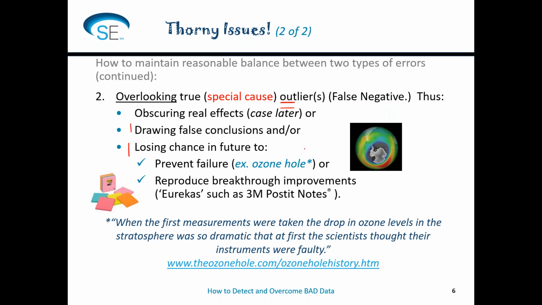And one example is the ozone hole that they thought they were seeing, and they were missing out because the instruments were not following it properly. And another example of something that is an outlier, but it turned out to be a great discovery, was the 3M Post-it notes. So there's lots of things that can go off one way or the other.